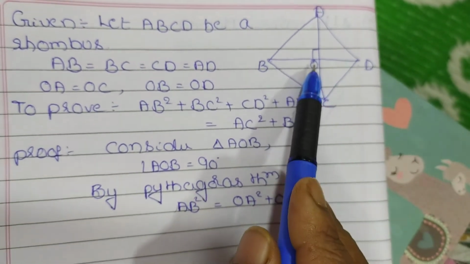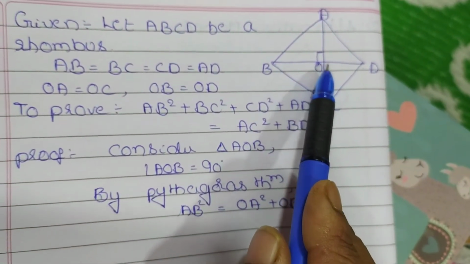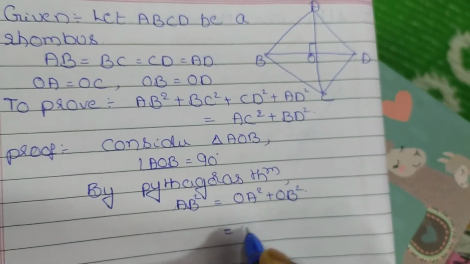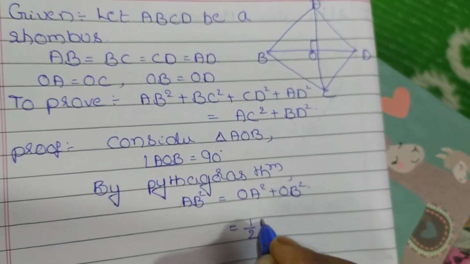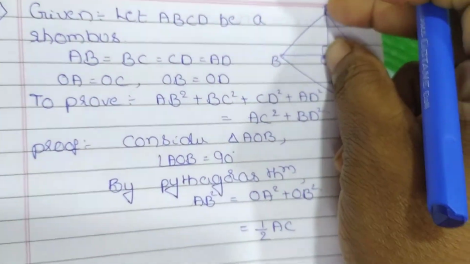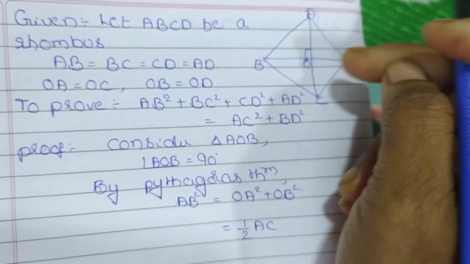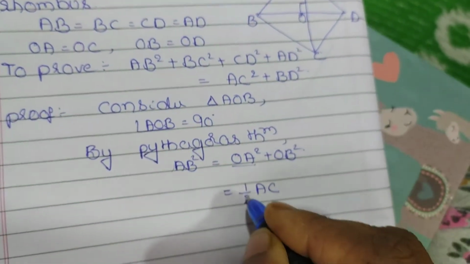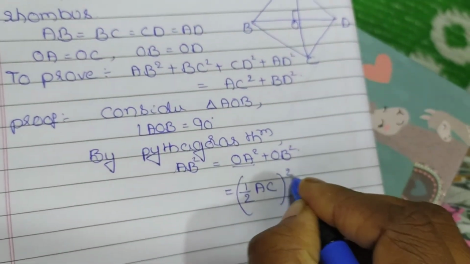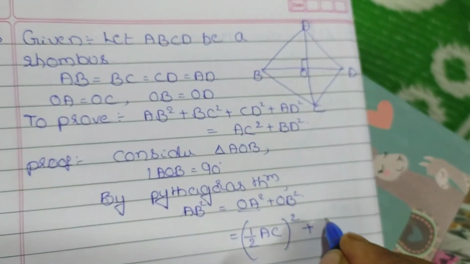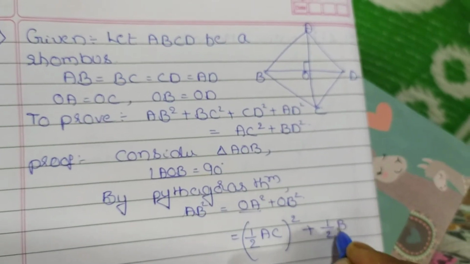See here, since O is the midpoint, instead of OA I can write half of AC, the whole length divided by 2, which gives OA as well as OC. So instead of OA I can write half of AC, whole square, plus instead of OB I can write half of BD.